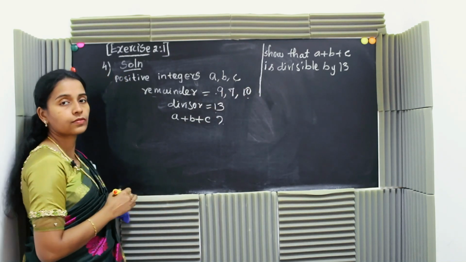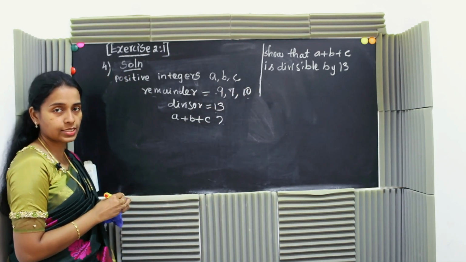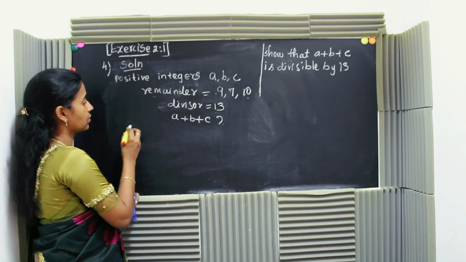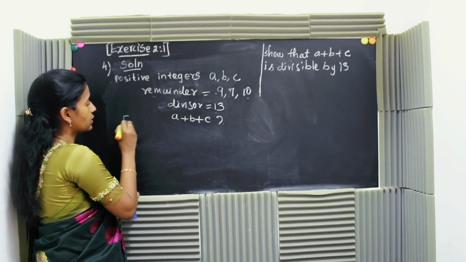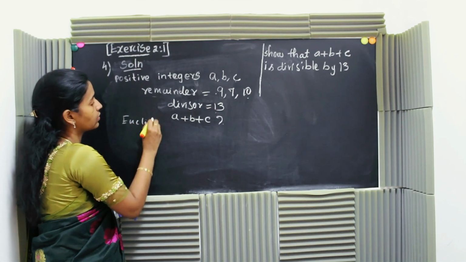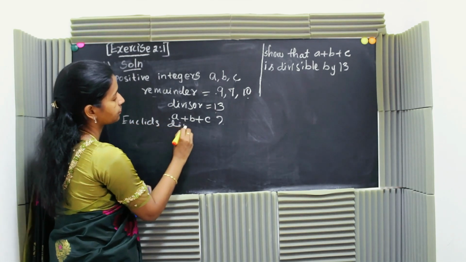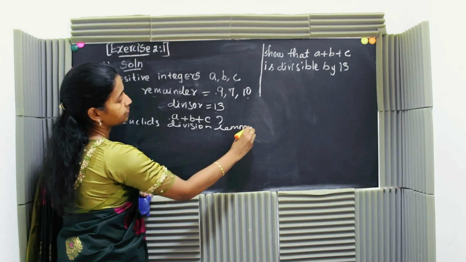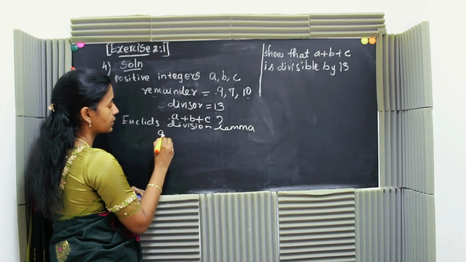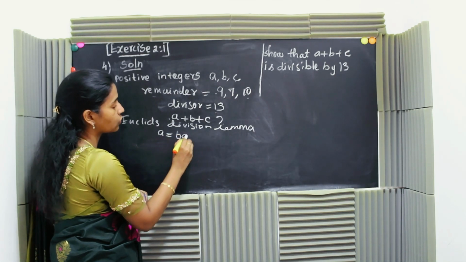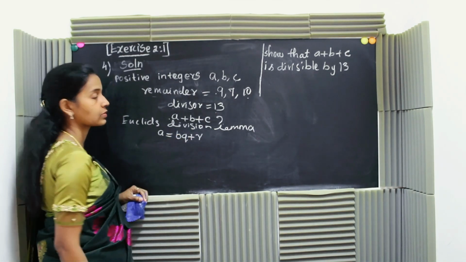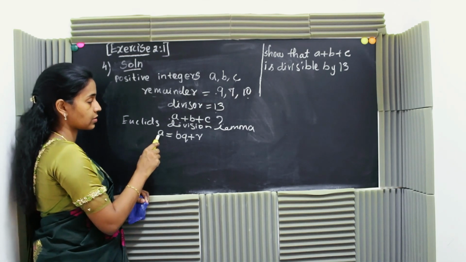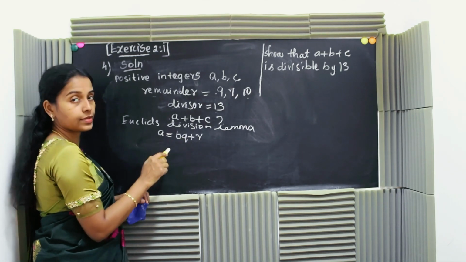Now we need to apply the Euclid's division lemma formula. What is Euclid's division lemma formula? The formula is A equals BQ plus R. Alright, this is a common formula.